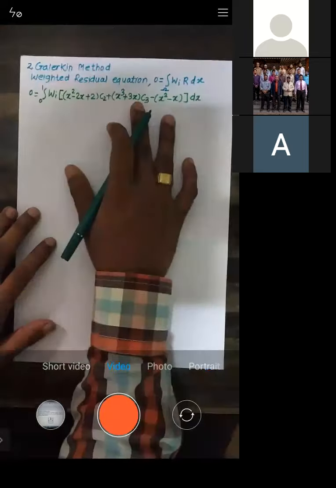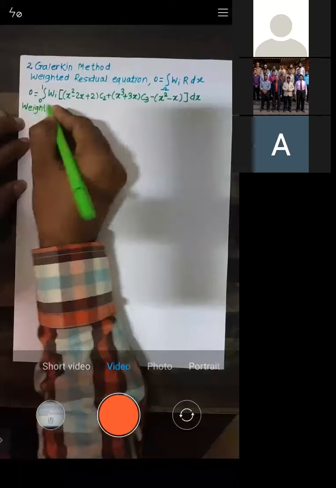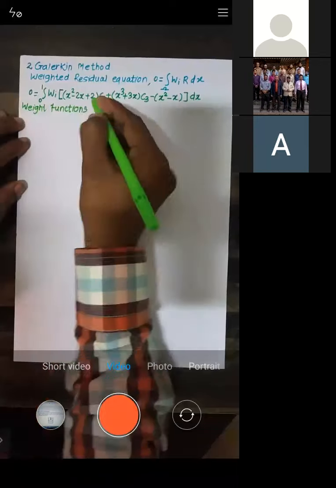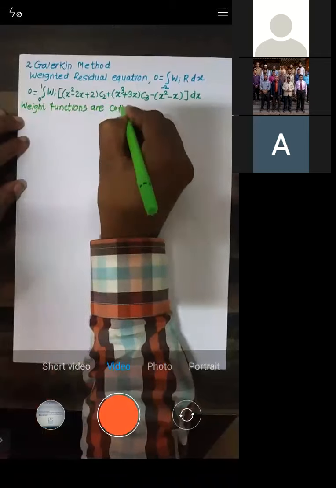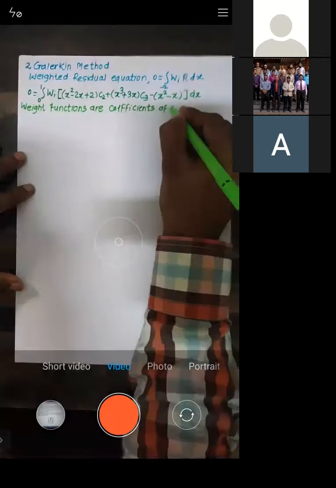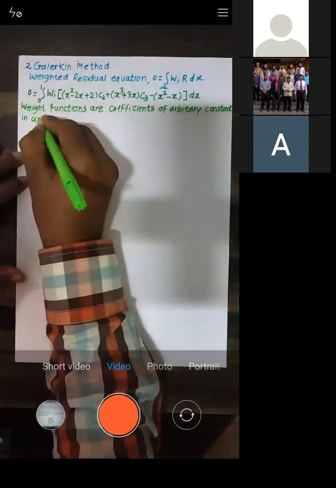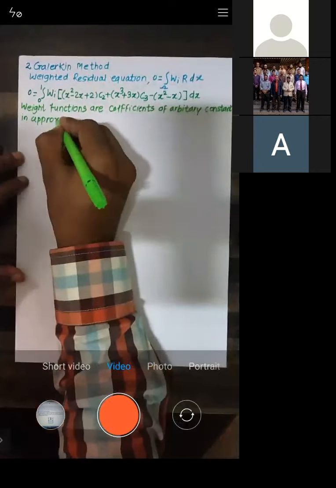As I told you, weight functions are coefficients of arbitrary constants in the approximate solution.